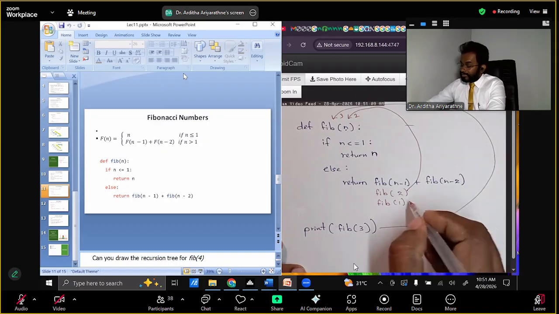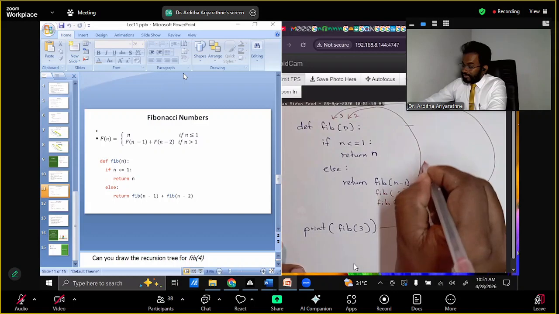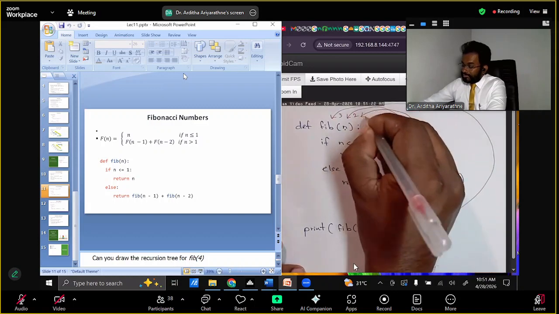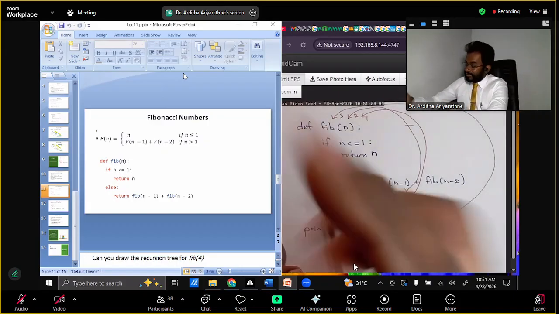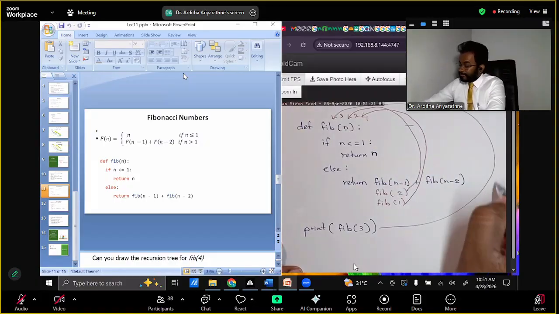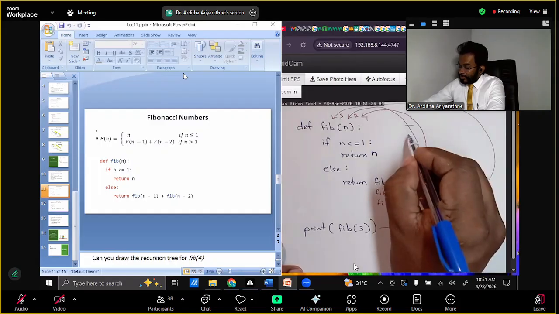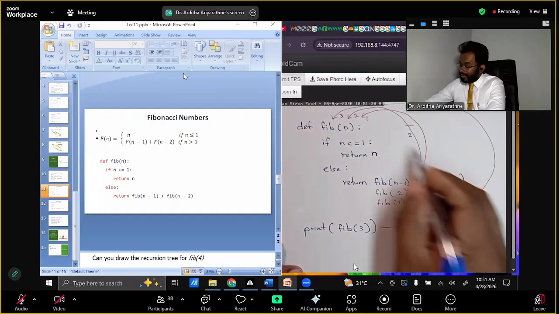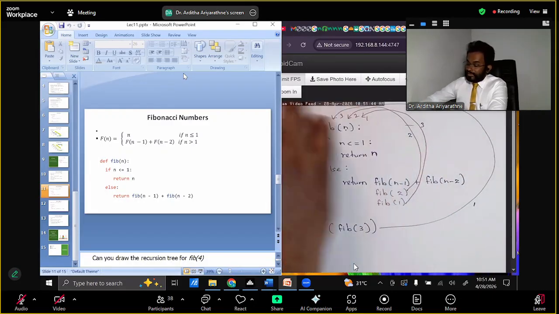Again we are calling this, now with 1. If we put some numbers, this is the initial call, number 1. Then this is the second call, number 2. Then inside that we are calling again, this is number 3.